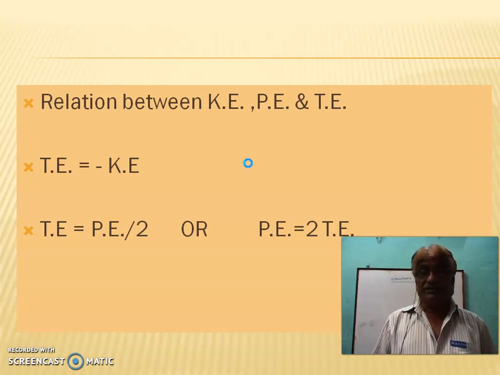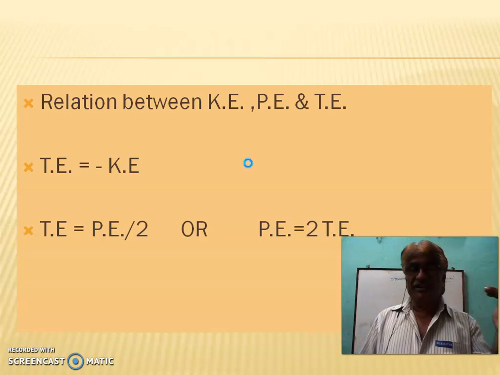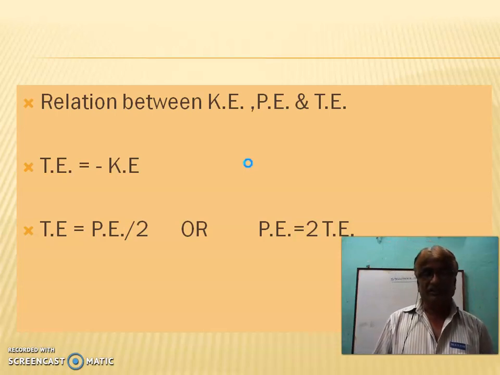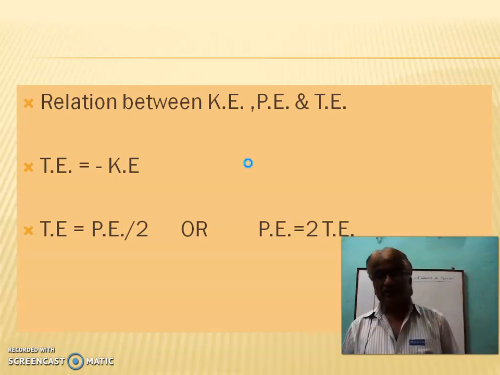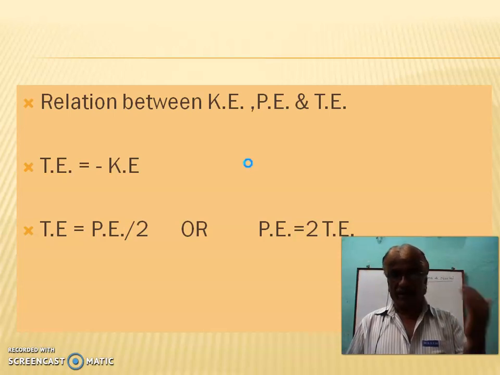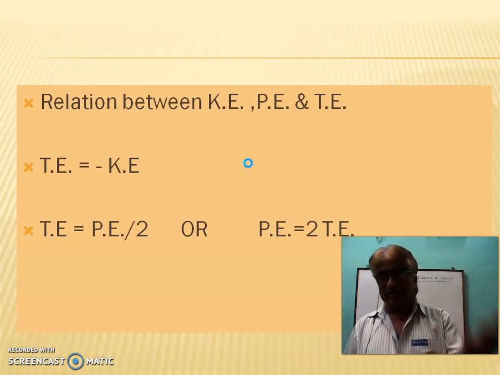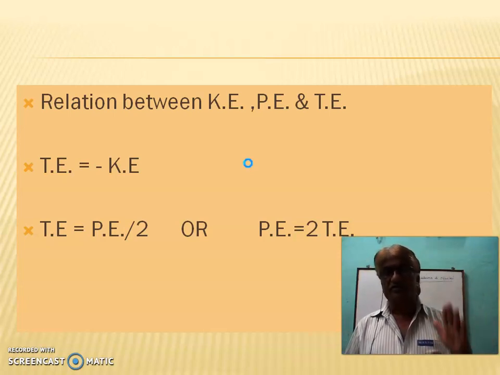But if we see the potential energy and total energy, then we see that total energy will be half into minus me raised to 4 upon 4 epsilon 0 square h square n square.